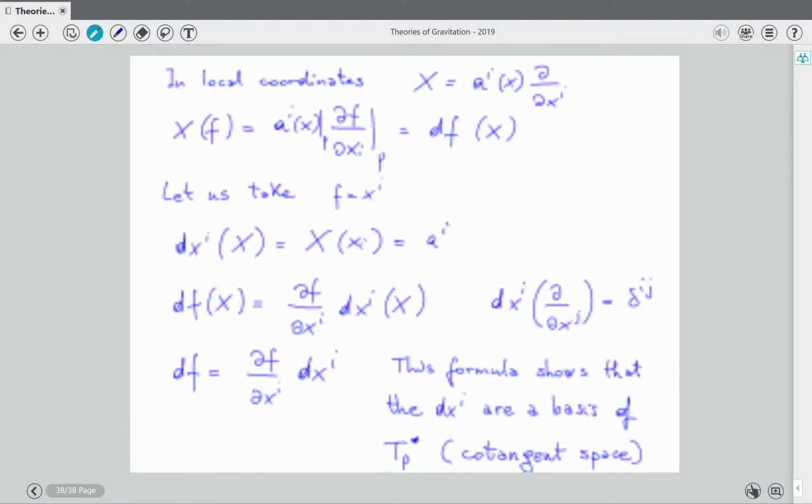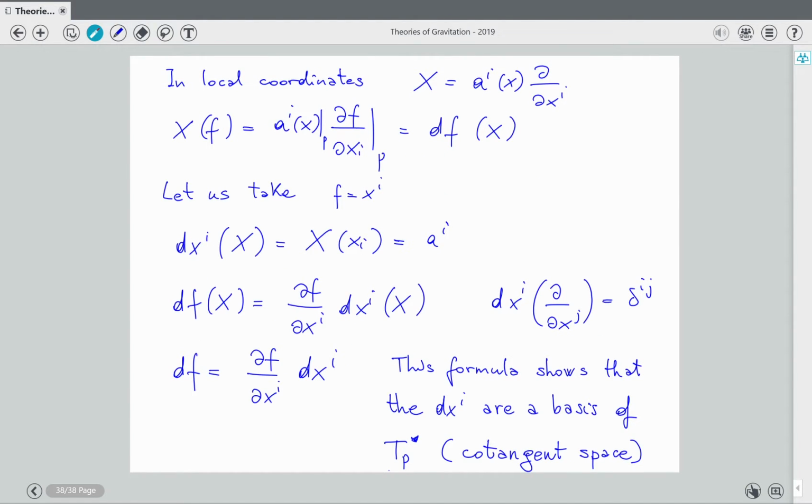We have seen that dxi locally are a basis of the cotangent space in P, but very easily you can extend this everywhere locally, which means inside the open set to which P belongs.